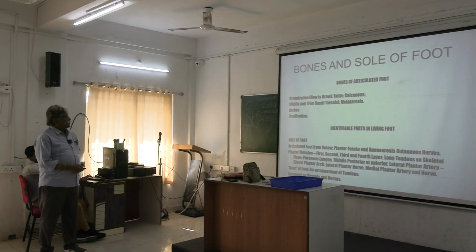Sole of the foot, articulated foot from below, plantar fascia and aponeurosis, cutaneous nerves, plantar muscles, first, second, third and fourth layer, long tendons on skeletal plane, peroneus longus, tibialis posterior at the anterior, lateral plantar artery, plantar arch, lateral plantar nerve, medial plantar artery and nerve, dorsum of foot, rearrangement of tendons, comment on vessels and nerves. Next.